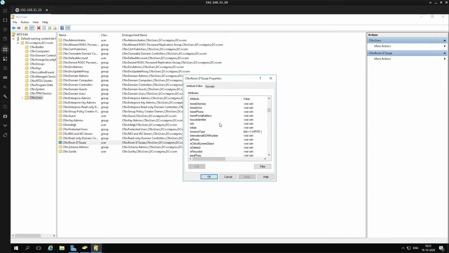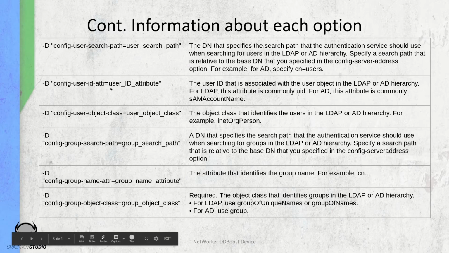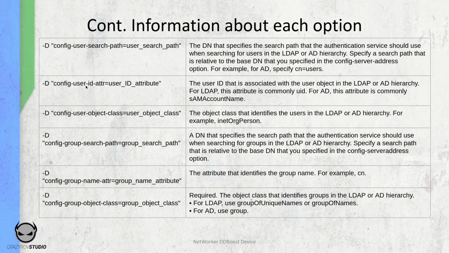If you see the attribute list here, it is in here. The account name, which is Rowan, the attribute for getting this account name is sAMAccountName, and that is what you have to mention as the value of config user ID attribute.